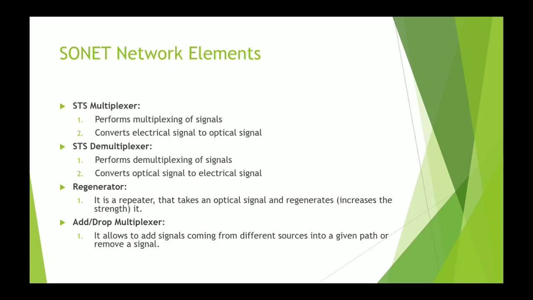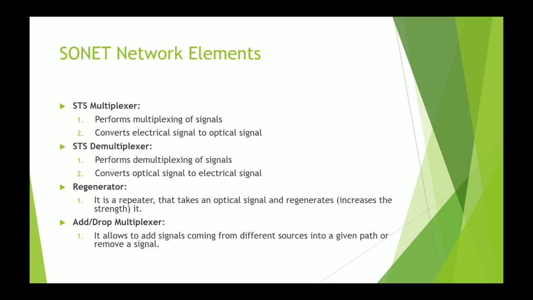STS demultiplexer. STS demultiplexer is used on the receiver side and it performs the demultiplexing of the signal. It demultiplexes, or converts, the multiplexed signal into its original signal. That is, it converts optical signal to electrical signal. Regenerator.